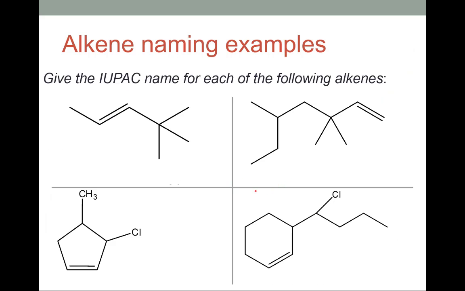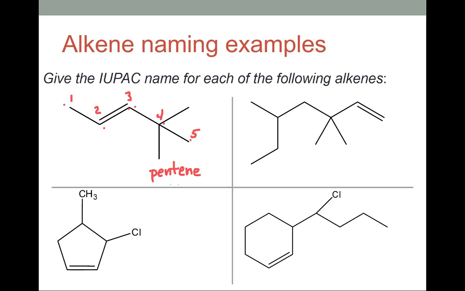And so some naming examples, right? We want to think about here, what's our longest parent chain? All right, so 2, 3, 4, looks like a 5. And so I'm going to be talking about a pentene. All right, I would number it from the left so that my alkene can get the lowest possible numbers.